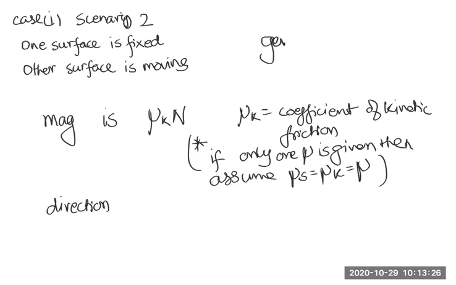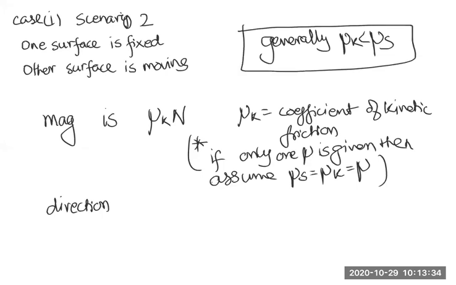Generally, mu k is less than mu s. Right? You must have experienced this. If you want to move something heavy, a box, let's say on the floor, it is only at the point at which the box starts moving that you require a lot of effort.